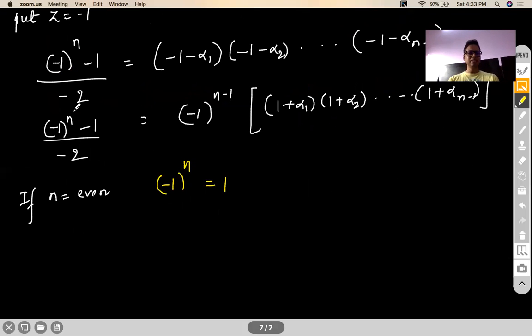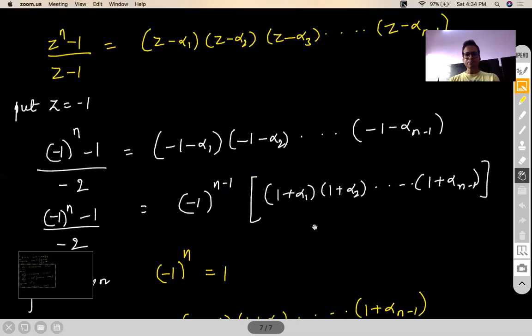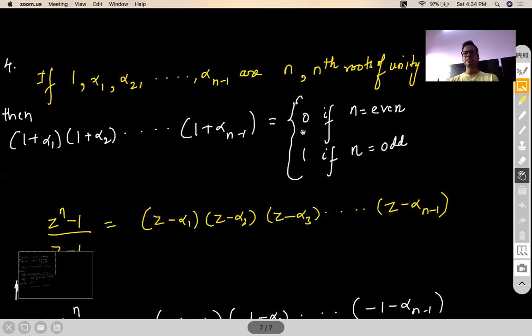So this term will become 0, so the left hand side will become 0. On the right hand side, it doesn't matter whatever this term is. Even if it is minus 1, it doesn't matter because there is a 0 on the left hand side. Okay. So this is the first part of the proof. So if n is even, the answer is going to be 0.